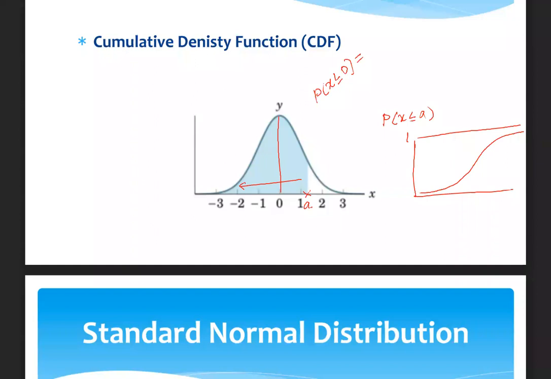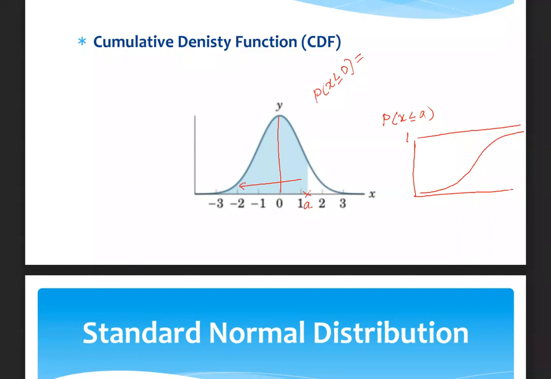Please remember, probability cannot be a number bigger than 1 or less than 0. It has to be between 0 and 1, or if you express it in terms of percentage, between 0% and 100%.